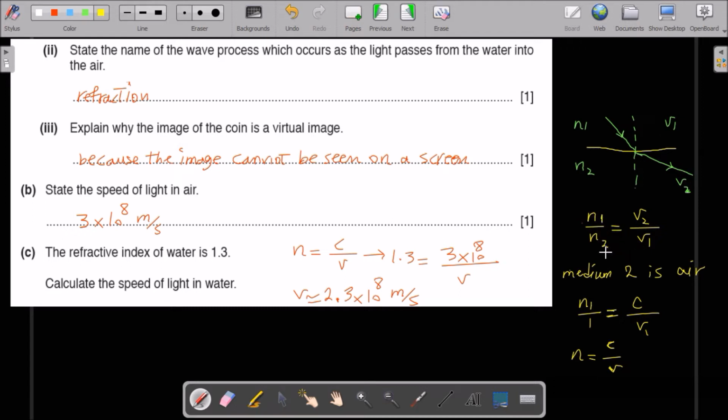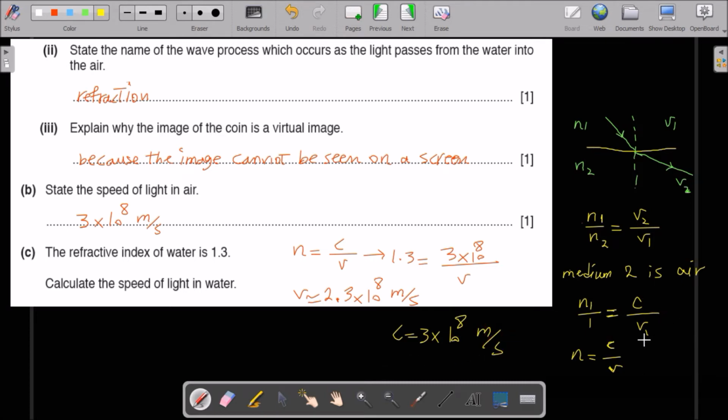N1 divided by N2 is equal to V2 divided by V1. So you can see that N and V are inversely proportional. Suppose that medium 2 is air. You know that the refractive index of air is nearly 1. So you can write N1 divided by 1 equals the velocity of light in air, which is C. It means 3 times 10 to the power 8 meters per second.